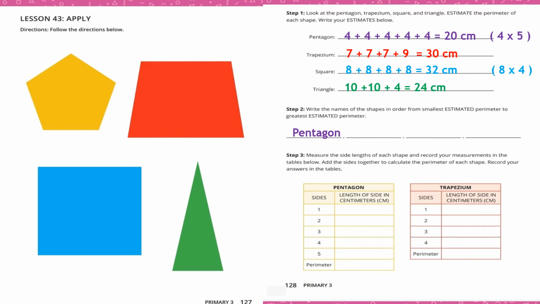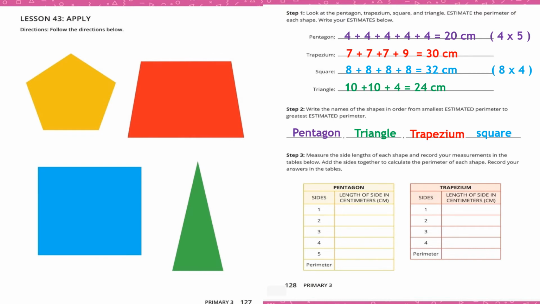The second will be 24, which its name is what? Triangle. And the third will be trapezium, and the fourth will be square. Now, in step 3, he wants me to measure the exact length.